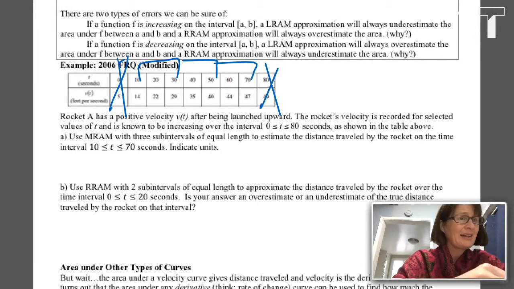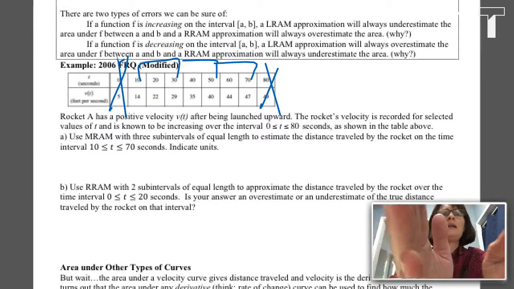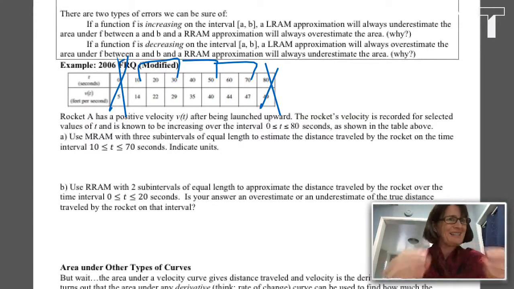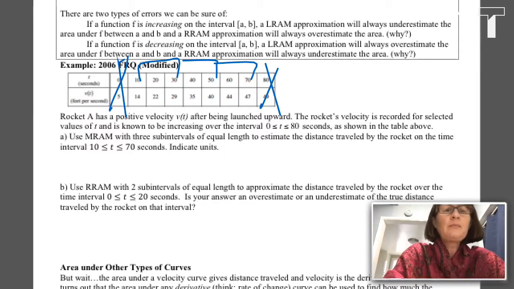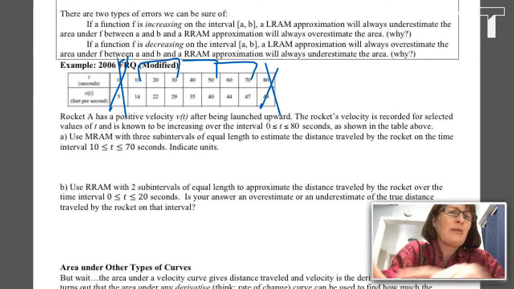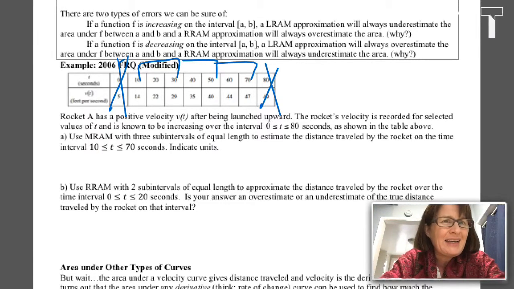They will never ask you to split an interval into little pieces. So if they ask you for a midpoint Riemann sum, and it doesn't work out with exactly the right number of intervals, you've got to check your work because something went wrong. Okay, so I know for MRAM, I'm supposed to pick the height of my rectangle by picking the height of the function at the midpoint of the interval.